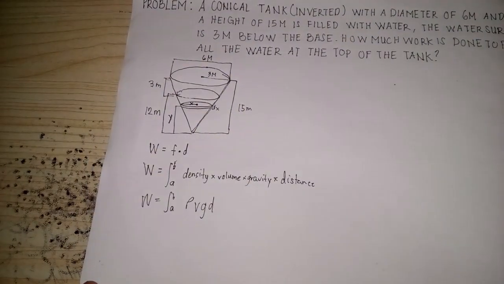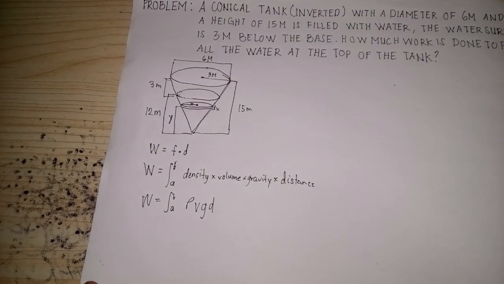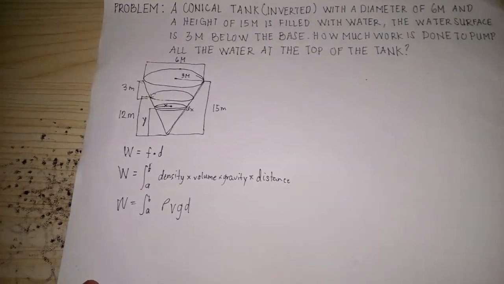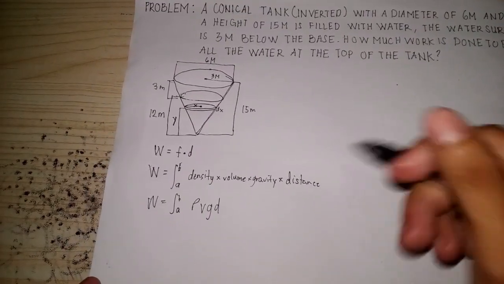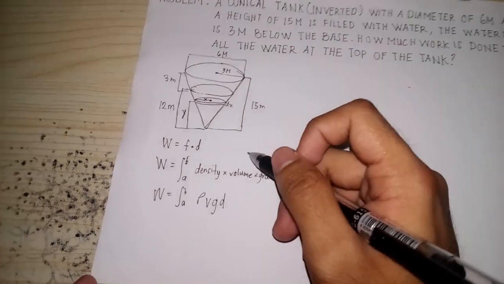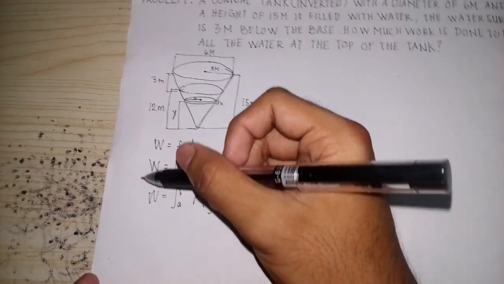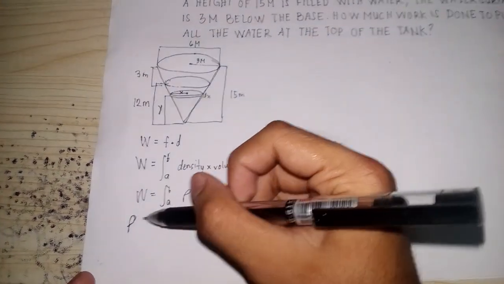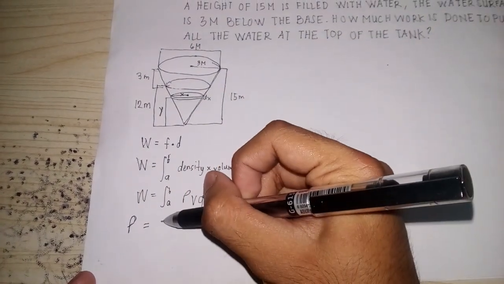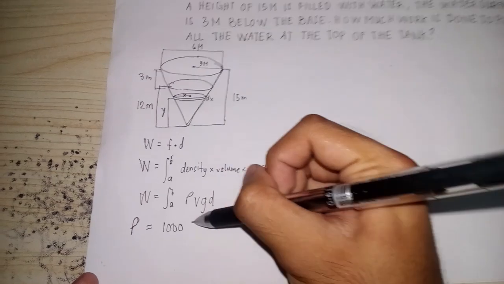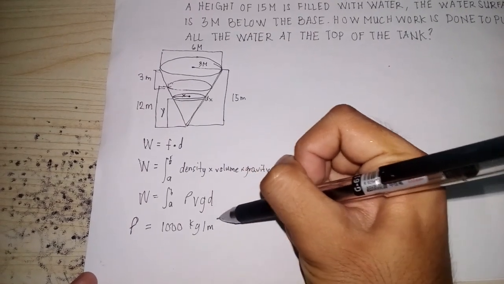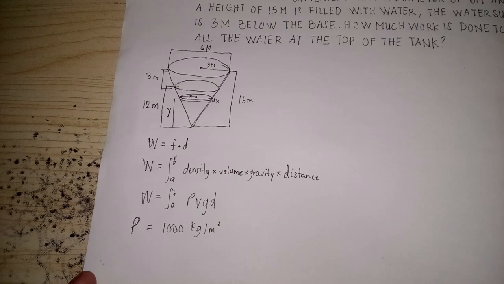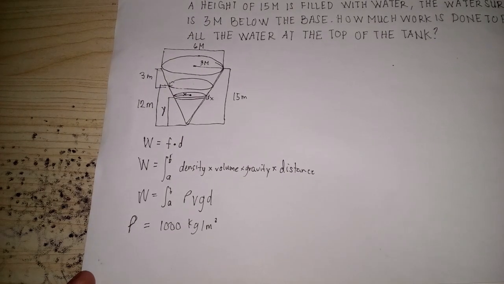So now, let us identify the given values. We know that the density of water is equal to 1000 kilograms per cubic meter. So that is our density for our water.